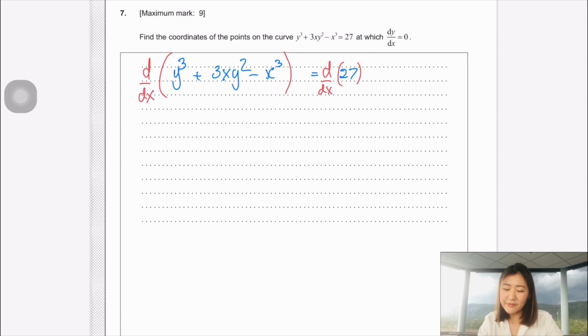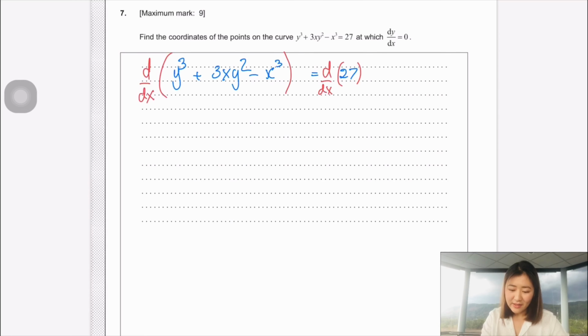So how to differentiate? You just differentiate it like implicit differentiation, and you have to keep in mind how many rules do we have? 3 rules: product rule, quotient rule, and chain rule. You have to apply these 3 rules all the time.